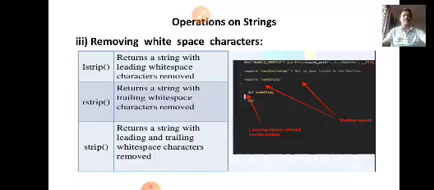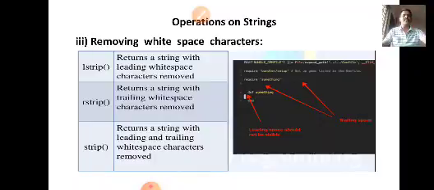Here is lstrip, which returns a string with leading white space characters removed. Leading, okay. Next one, rstrip, returns a string with trailing white space characters removed. Left side and right side. Then another one, the strip function, returns a string with leading and trailing white space characters removed.